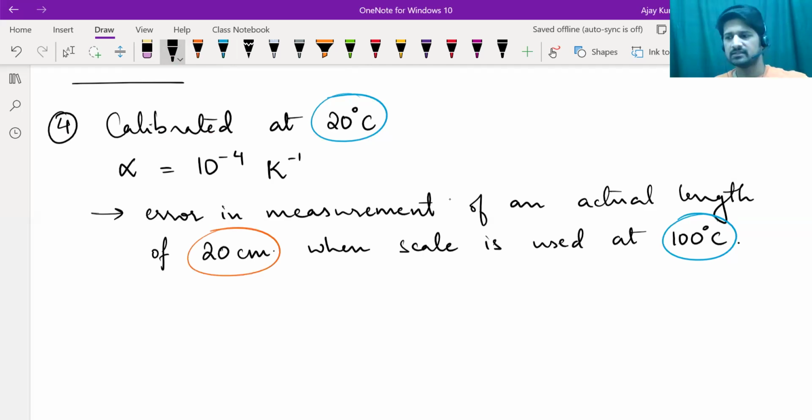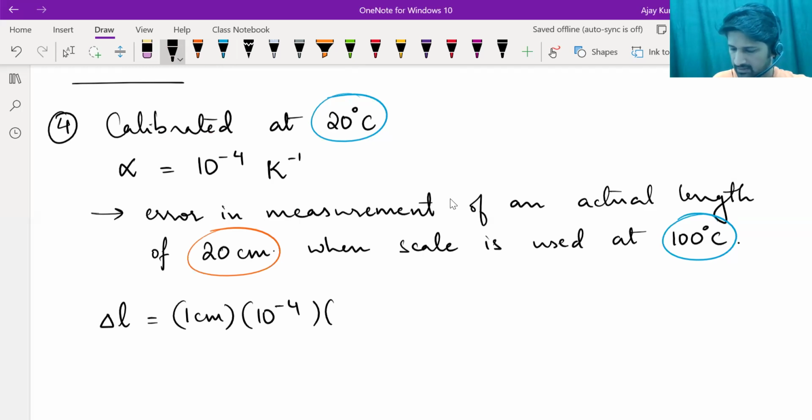So let's first find out how much each centimeter expands. Expansion is original length into alpha into delta t. 20 to 100 is a change of 80 units. So each centimeter expands by 80 into 10 power minus 4.